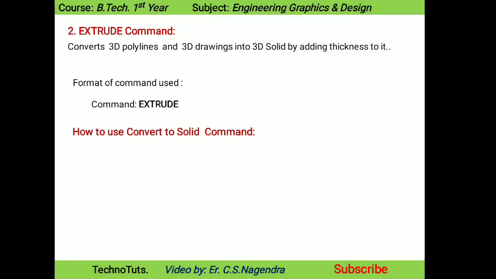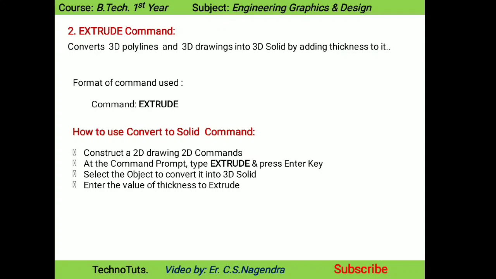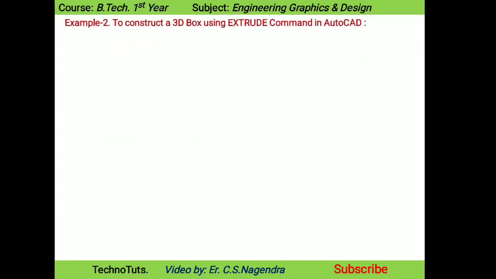Format of command used is extrude. Let us see how to use it. Let's first construct a 2D drawing by using 2D commands. At the command prompt type extrude and press enter key. Now select the object to convert into 3D solid. Now enter the value of the thickness to extrude. Okay, this is the procedure.